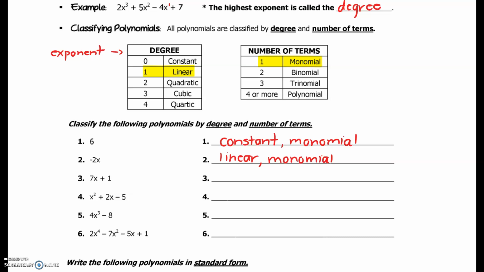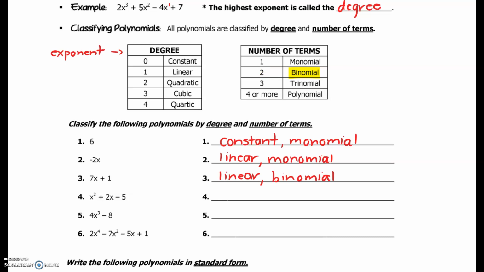We have 7x, that is x to the first, so our highest exponent is still a 1. That would still mean that this is a linear expression. However, we now have 2 terms, and for an expression with 2 terms, we will use the word binomial. And I think most of us would understand bi as in bicycle has 2 wheels, a binomial has 2 terms. So this would be known as a linear binomial.